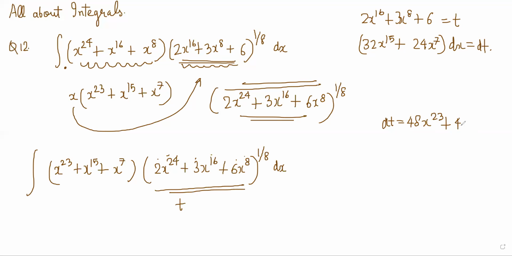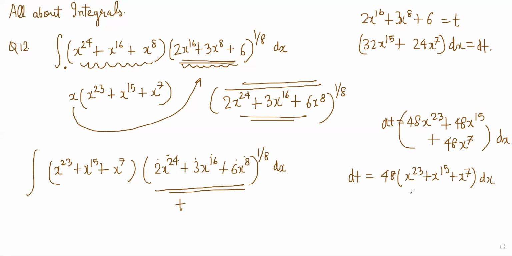So you'll get 48x power 15 plus 48x power 7 whole dx. So therefore dt is equal to 48 times x power 23 plus x power 15 plus x power 7 dx, right? So this thing now is equal to dt by 48, which is very useful because we have this and this, which is the same matching thing here.